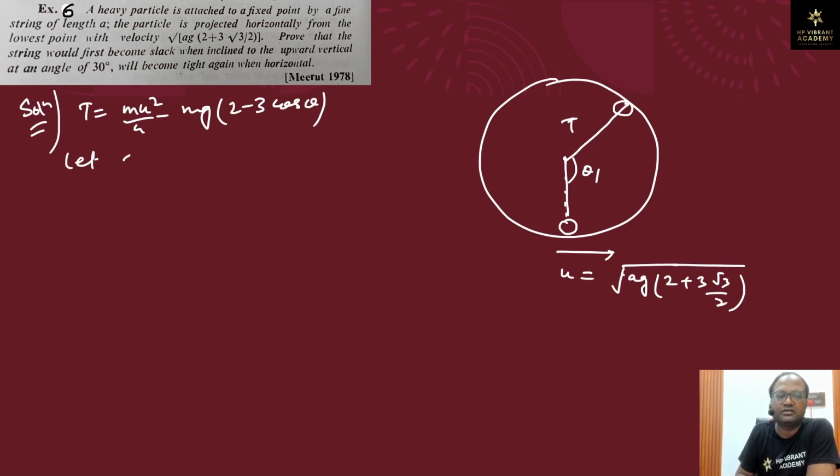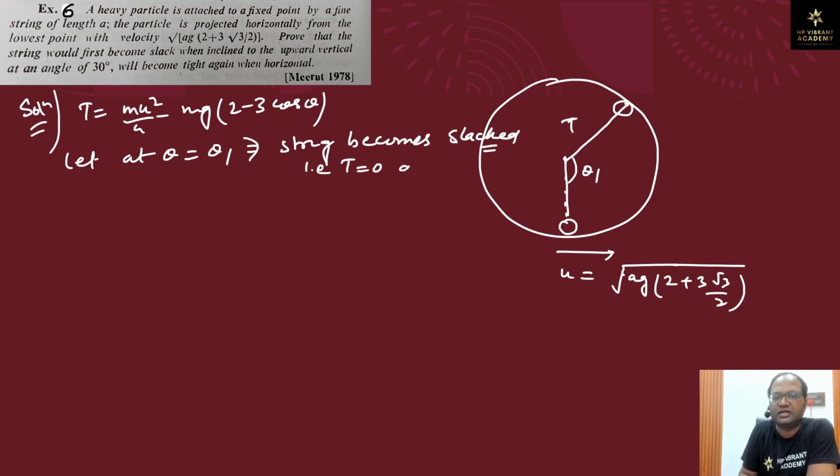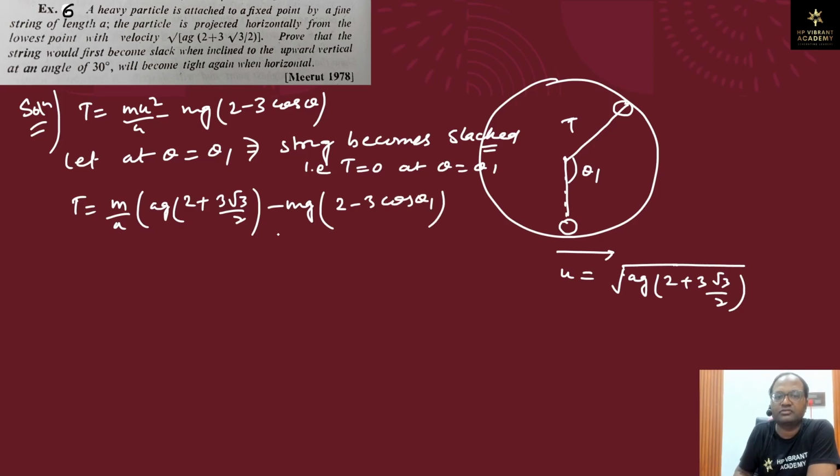So let at theta equal to theta 1 the string become slack, that is, tension is equal to 0 at theta equal to theta 1. Placing theta equal to theta 1, tension is equal to m upon a into initial velocity squared, that is ag (2 plus 3 root 3 upon 2), minus mg (2 minus 3 cos theta 1). This is 0.